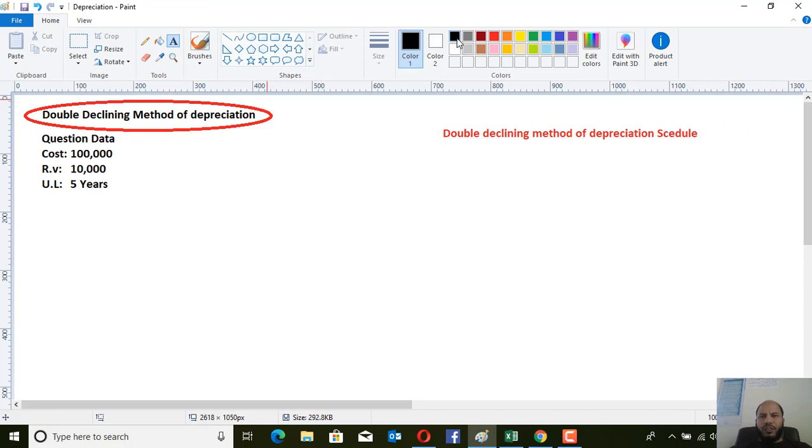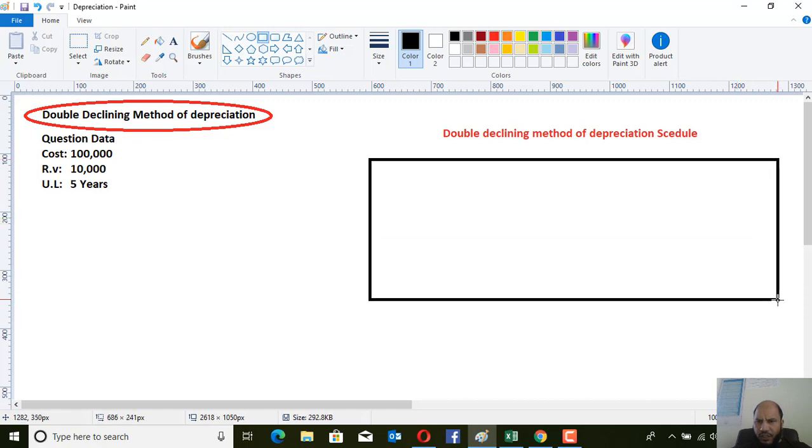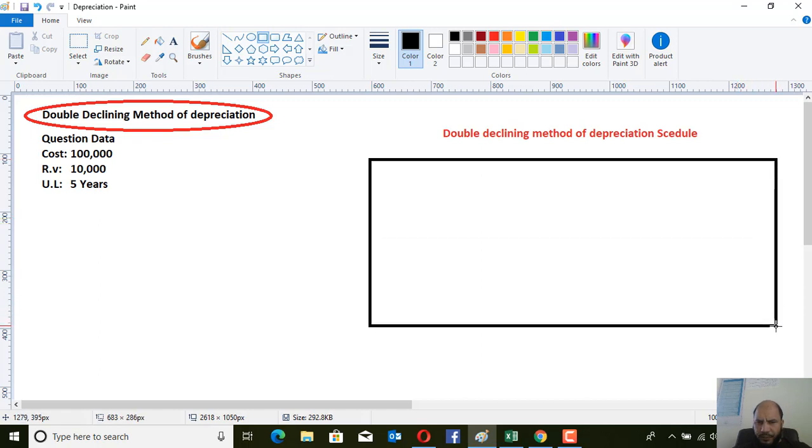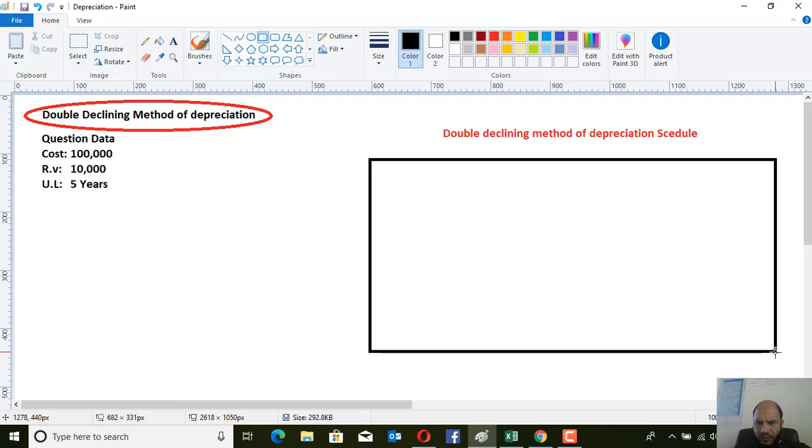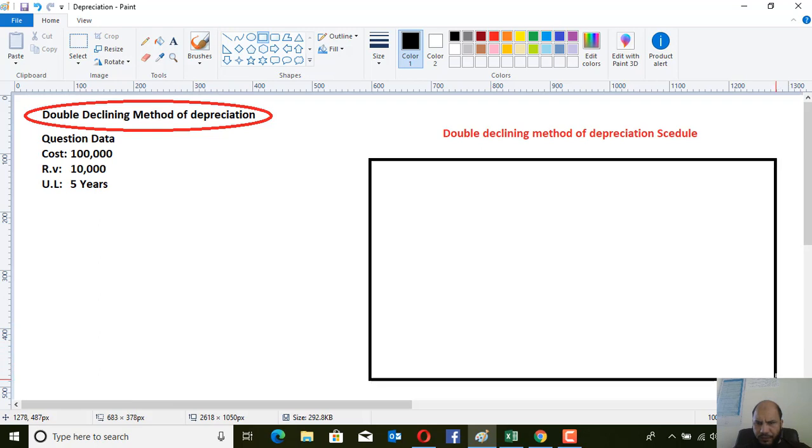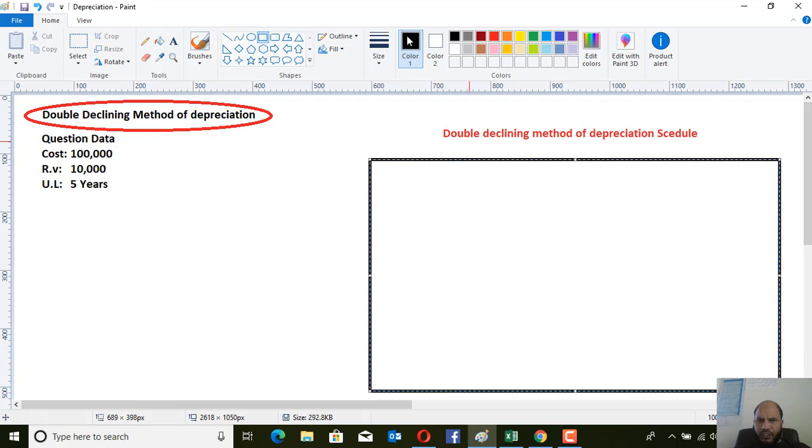Let's develop the chart. In this chart we will have about 6 columns, so I will draw 6 columns over here. Each column will have its own title.